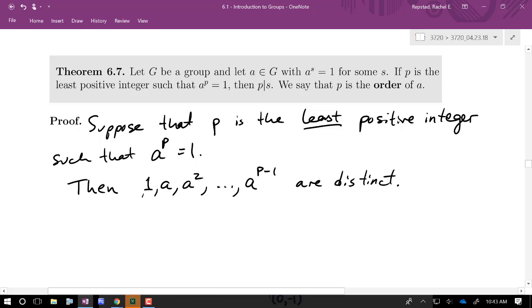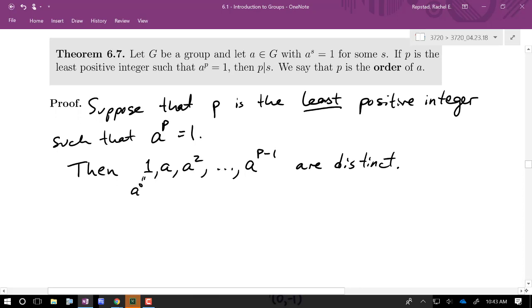And remember, of course, that 1 is also the same as A to the 0. And we're not including A to the P on this list because, as soon as I get to A to the P, I've repeated the 1 element. Now, let's say N is greater than P. I'm taking some exponent bigger than this smallest power that gets us to 1.